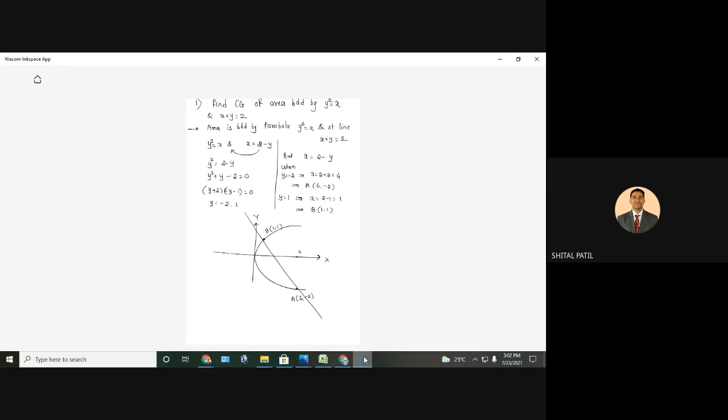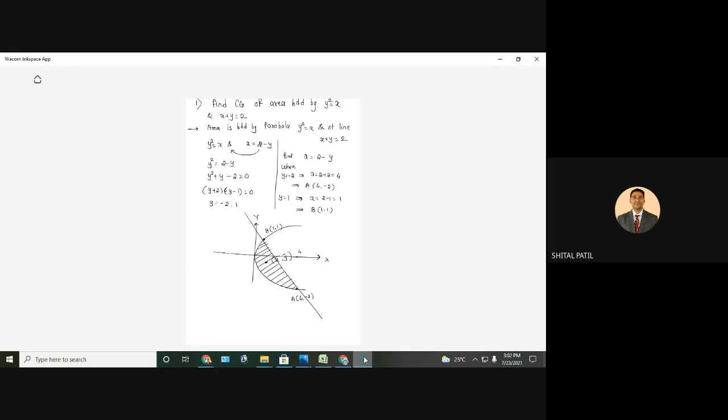Isn't it? Our aim is to find the CG of this area. Somewhere it will come, x bar, y bar.